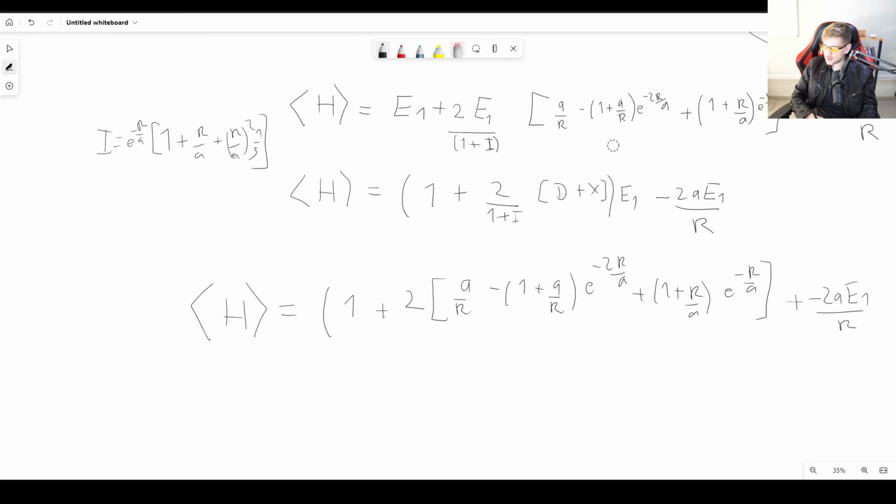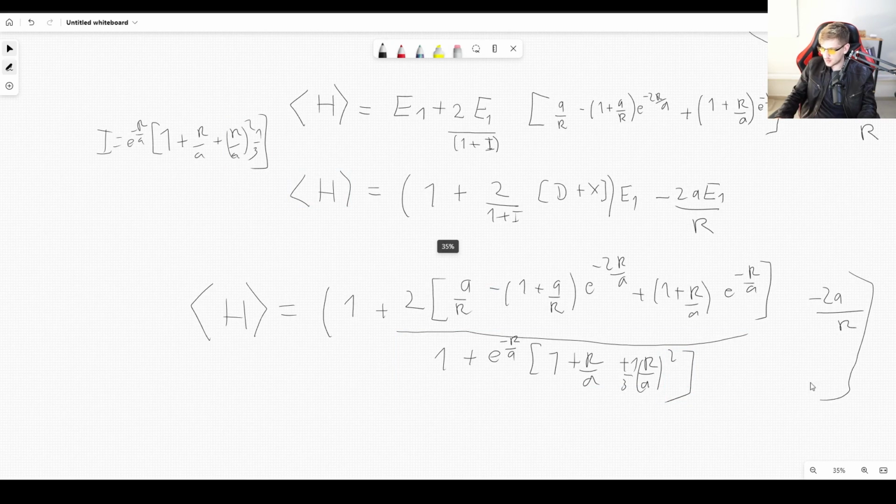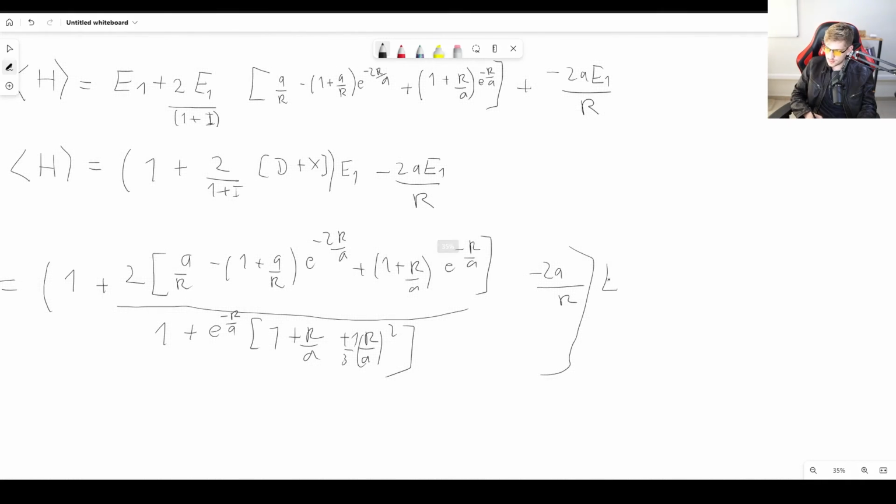Well, the E1 I'm going to factor out, so I shouldn't write it. And this part right here is being divided by 1 plus e to the minus r over a, 1 plus r over a plus r over a squared times 1/3. And all of this is in units of E1, it's multiplied by E1.